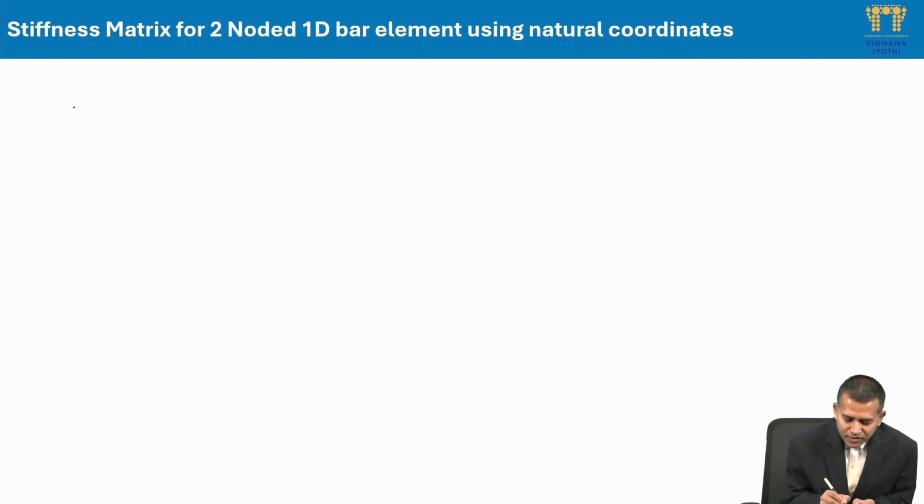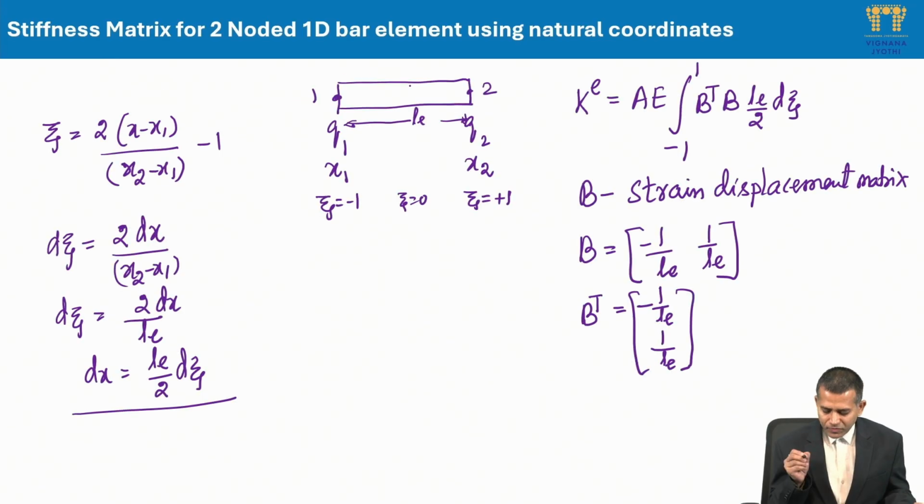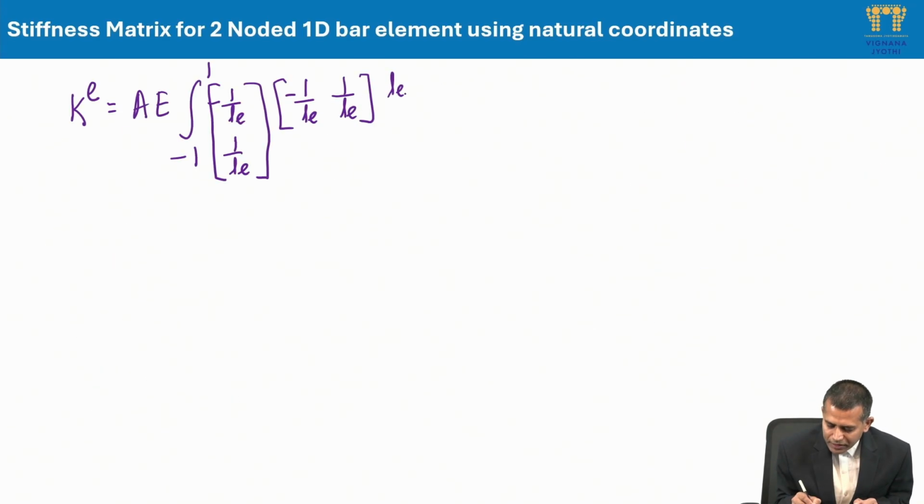If you substitute them, then we get K equals A into E times the integral from minus 1 to 1 of B transpose, that is minus 1 by LE, 1 by LE, into B, minus 1 by LE, 1 by LE, into LE by 2 d zeta.